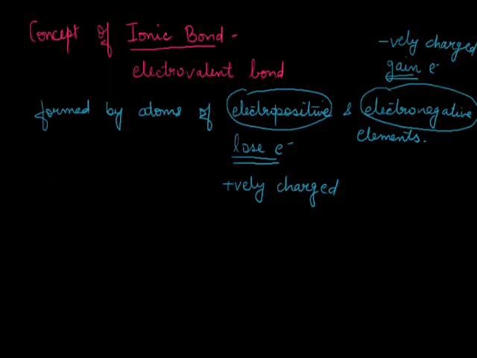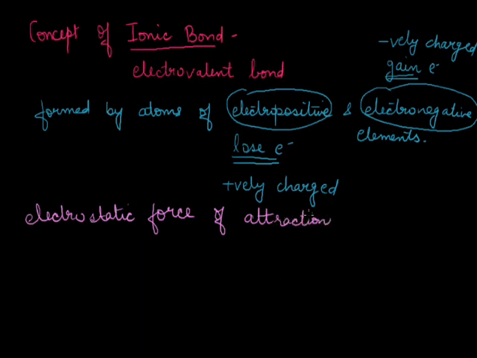Electrostatic force of attraction works between the positively and negatively charged ions, due to which both ions get bonded together. As a result, a chemical bond is produced between the ions, which is known as ionic or electrovalent bond, and the compound formed is known as ionic or electrovalent compound.